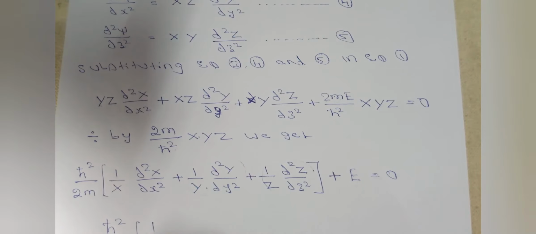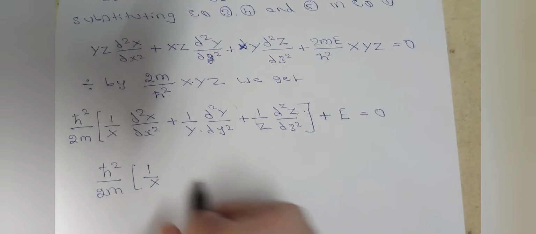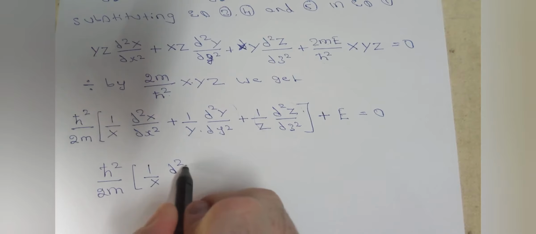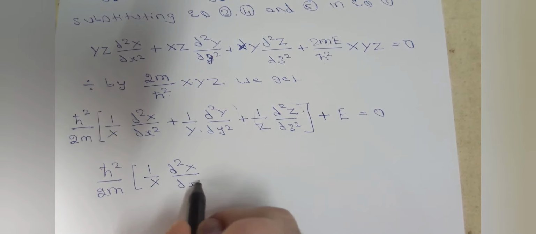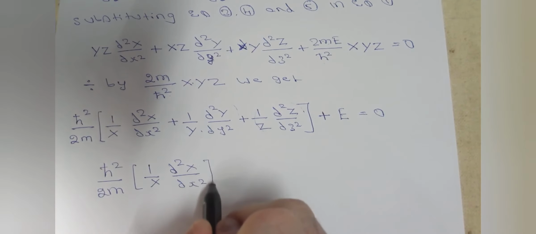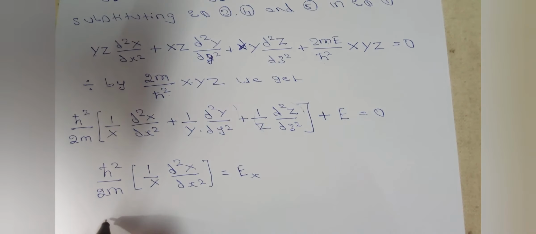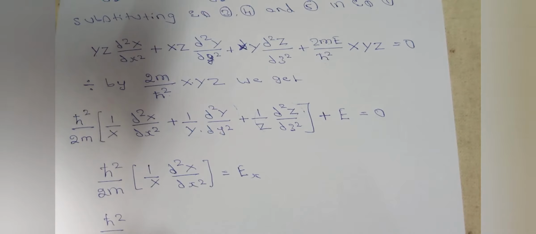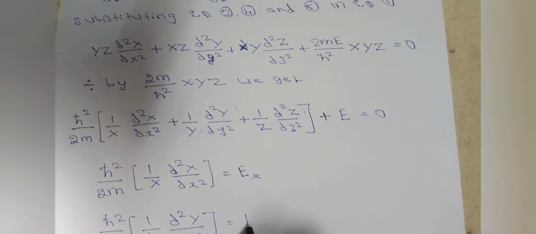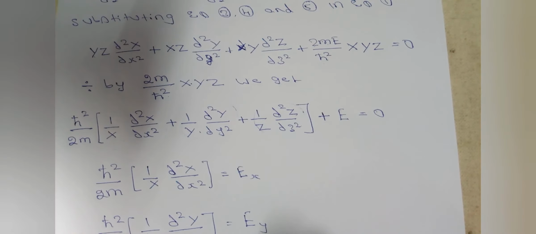So (1/X) ∂²X/∂x² = -(2m/ħ²)Ex. Similarly, ħ²/2m (1/Y) ∂²Y/∂y² = Ey.